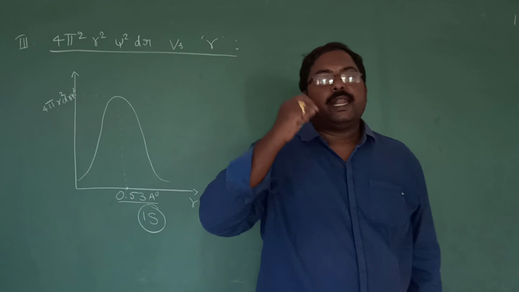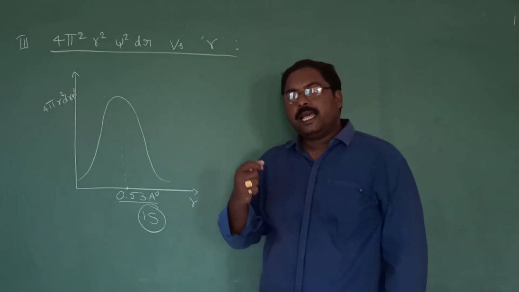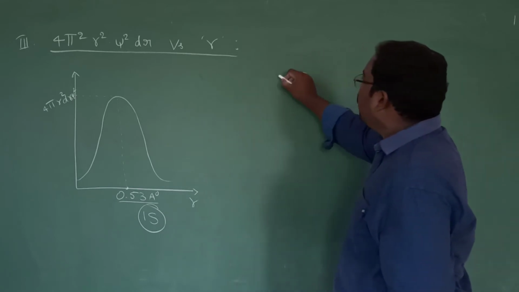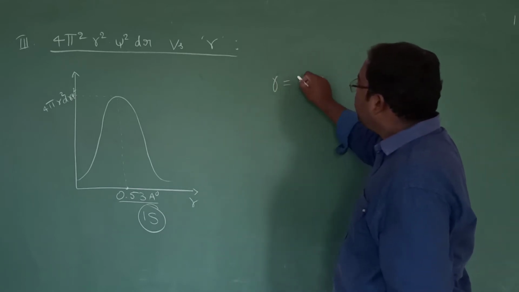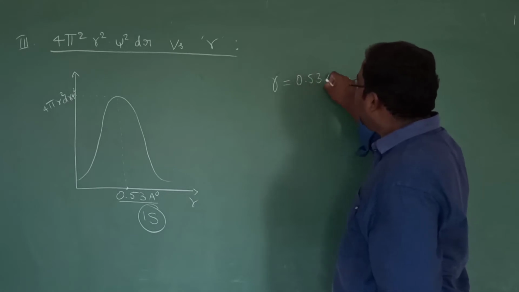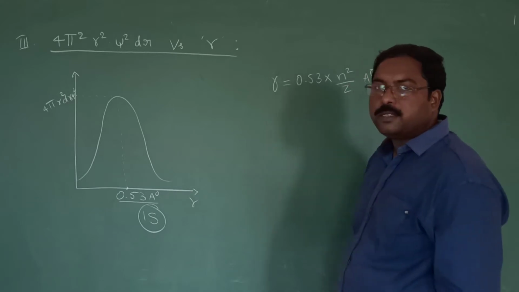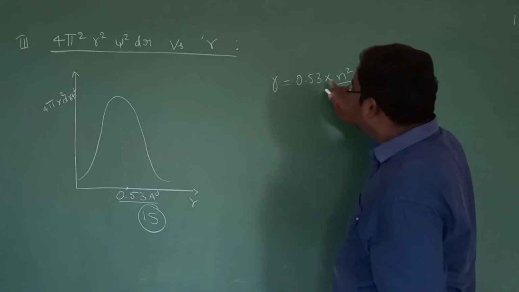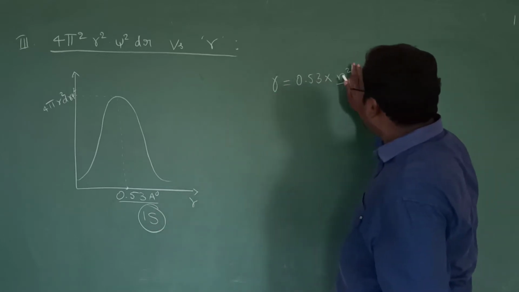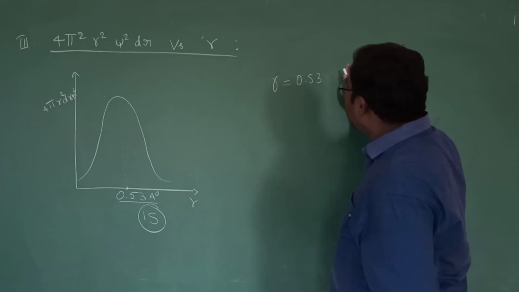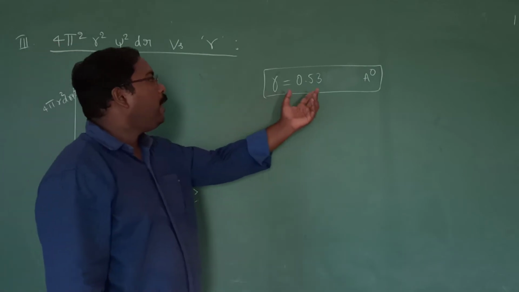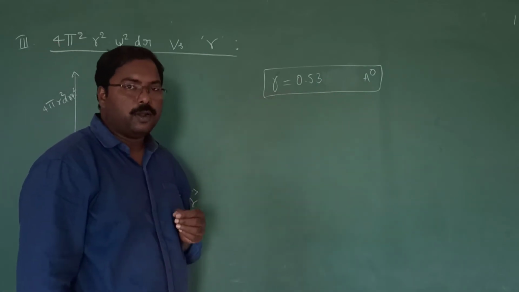Okay? By looking at the value, we can remember the radius formula given by Niels Bohr. What formula was given? The radius of the nth orbit is equal to 0.53 into n square by z angstroms. Okay? For a hydrogen atom, z value is 1. For the first orbit, the n value is also 1. So what is the final radius of the first orbit given by Niels Bohr? 0.529 angstroms. Okay?